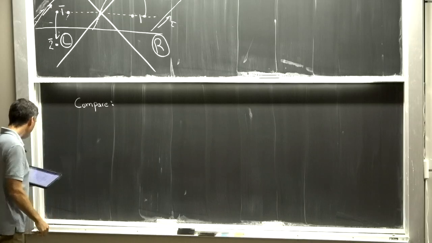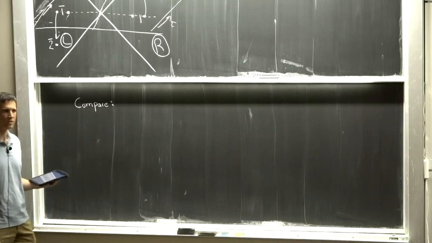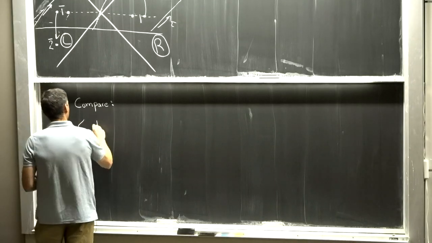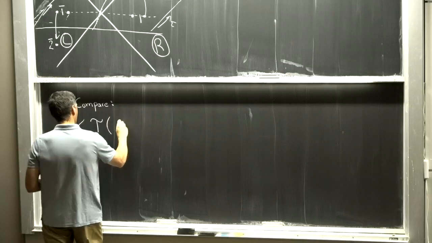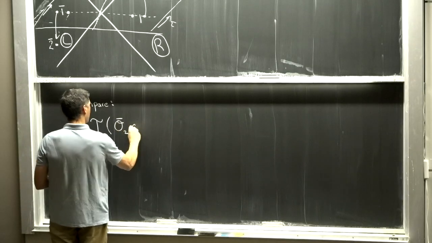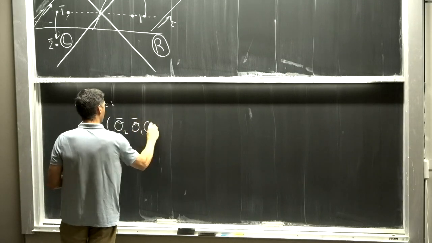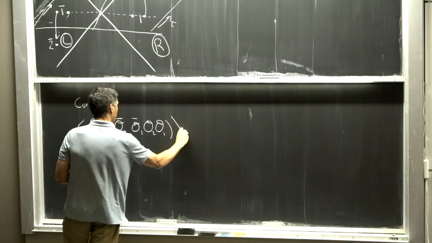So I want to compare this to the time-ordered correlator. I'll just write this as O2 bar, O1 bar, O2, O1.